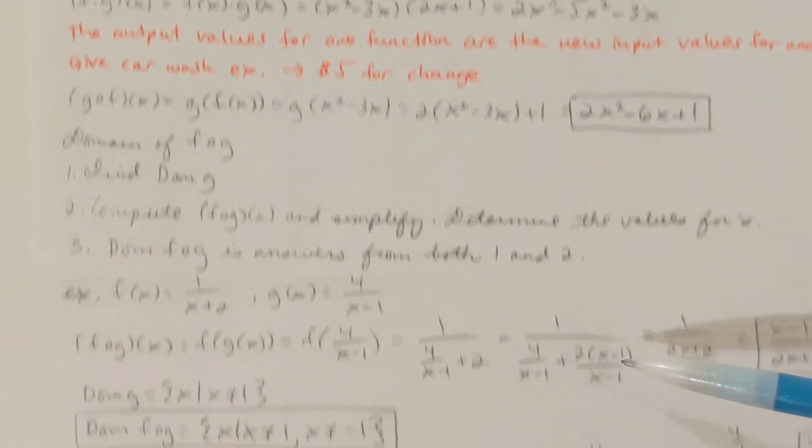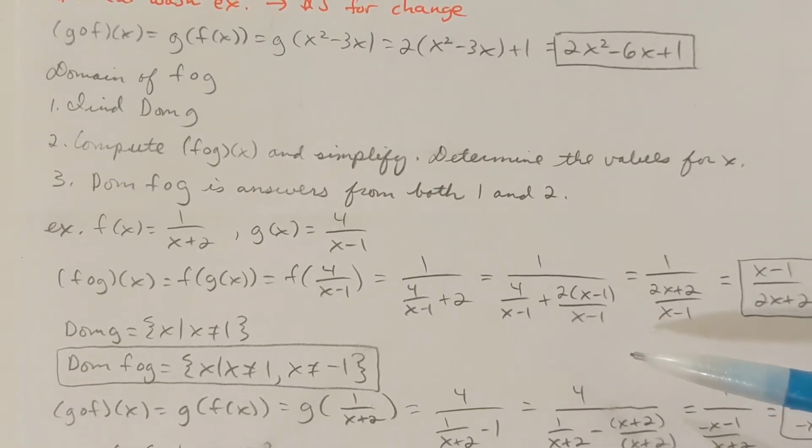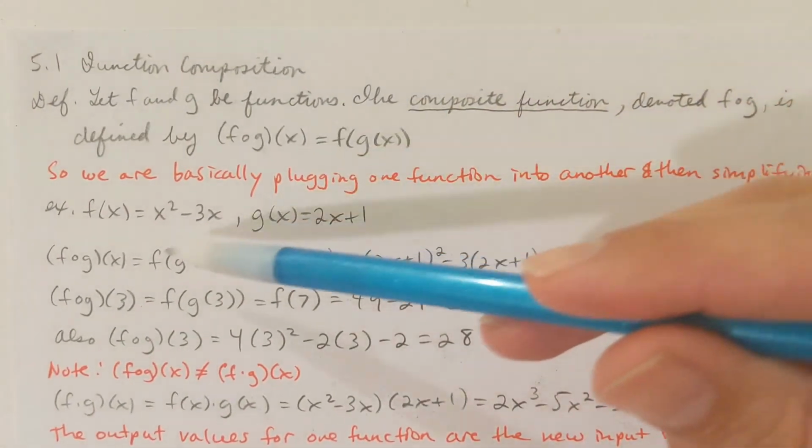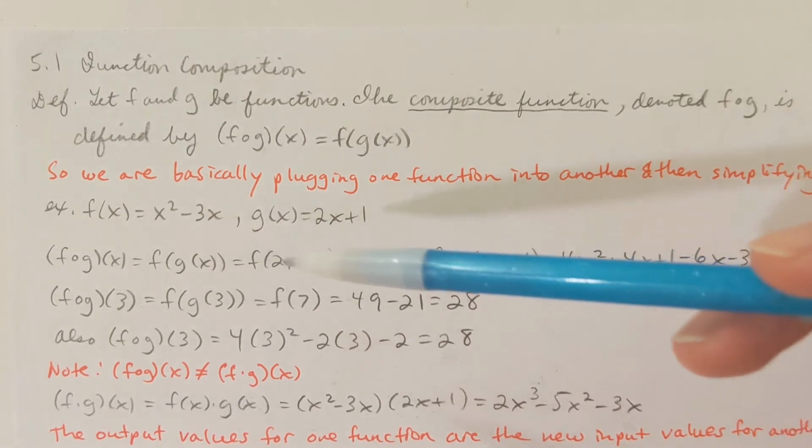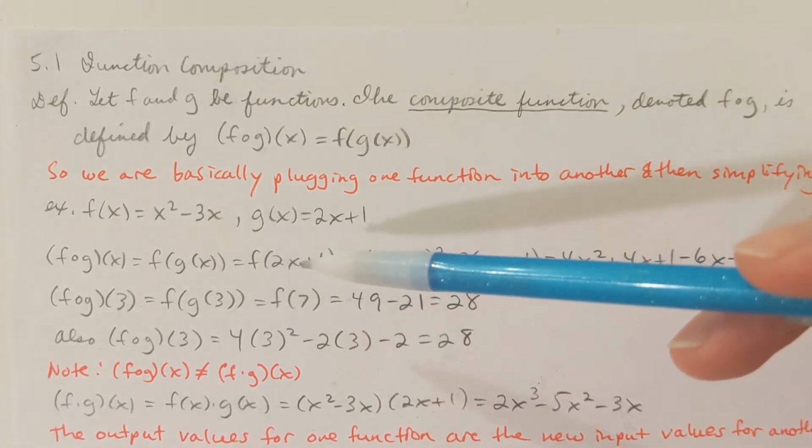Okay, let's find the domain of f composed g. The first thing that we need to do is find the domain of g, because g is being plugged into f. I've got to know what I plug into g before I plug those values into f.